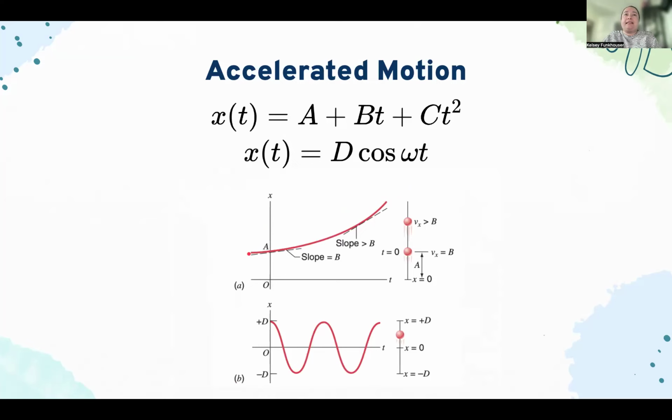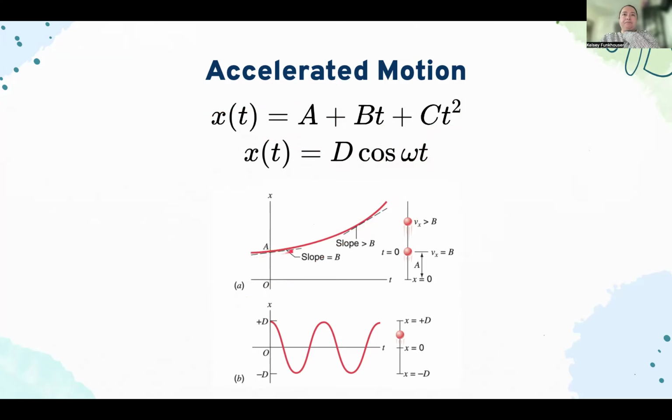Now, if we have accelerated motion, we have two examples with this one. We have this equation for the position, which is a plus b times t plus c times t squared, and then we also have x of t equals d cosine omega t. The first equation is shown by this position graph, where it starts at A, because remember we covered that part.